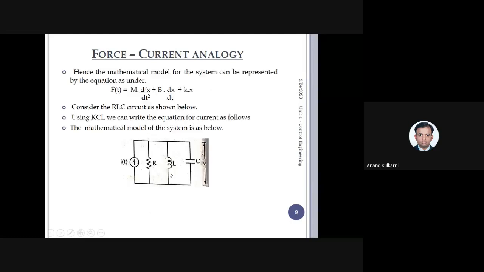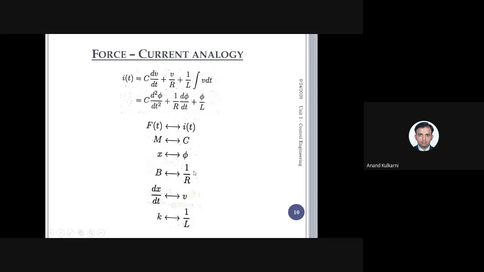B was with respect to resistance; here we have B as 1 by resistance. dq/dt is nothing but velocity. And K was 1 by C there; here we have 1 by L.